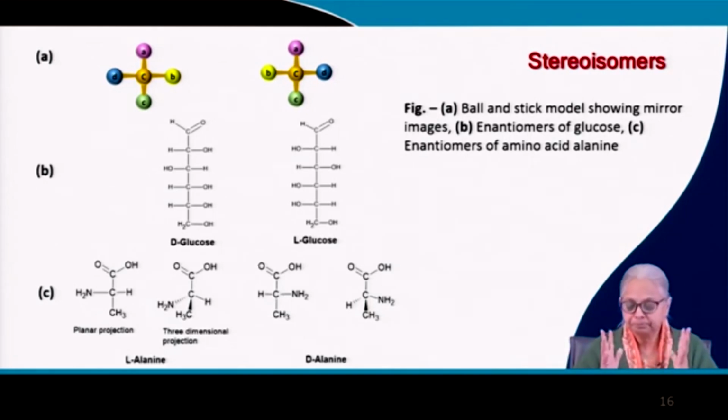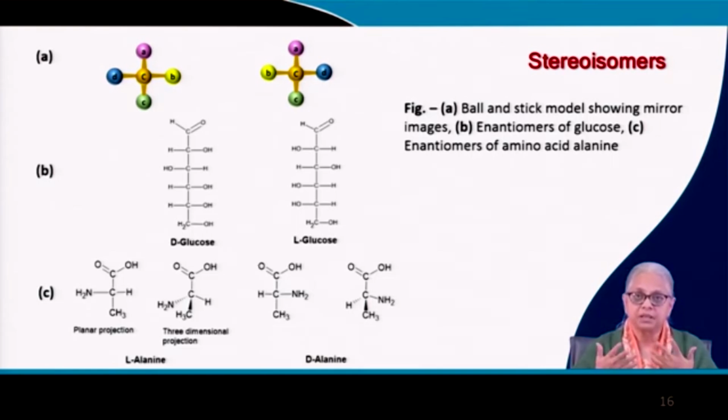So if you have an L glucose molecule, it is not going to be digested by the microorganisms or even by human beings. It will bypass the digestive system and it will be excreted. And that is the basis of some of these so-called sweeteners.